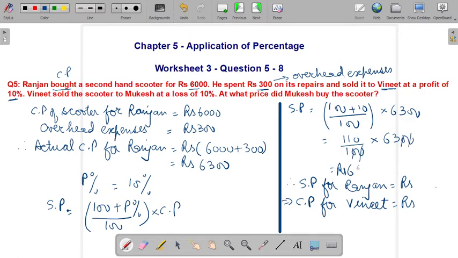Cancel it. So you will be getting 110 multiply 63. So this would be 6930. So rupees 6930. So do the correction here.